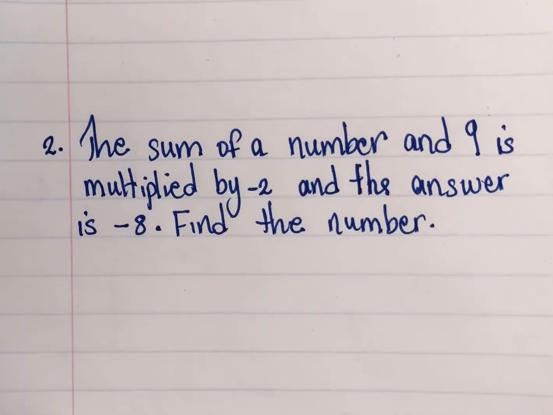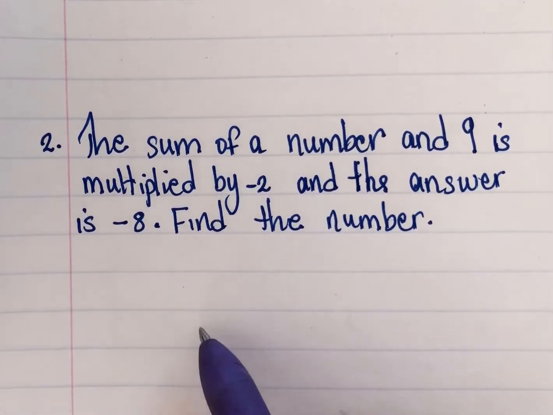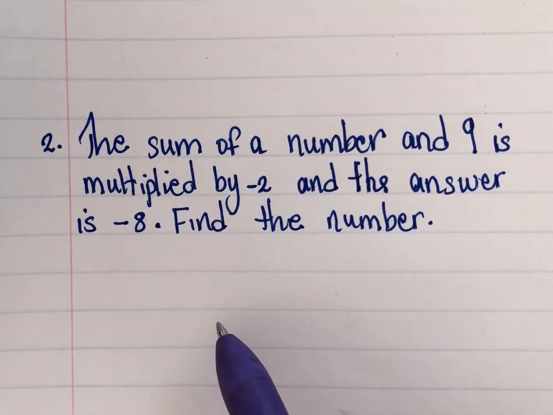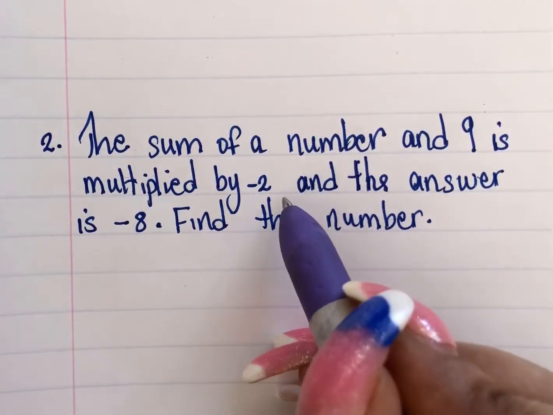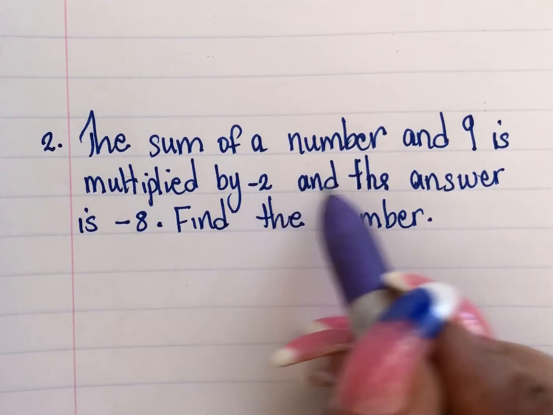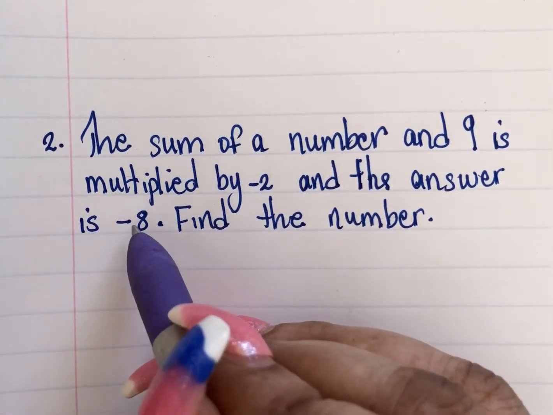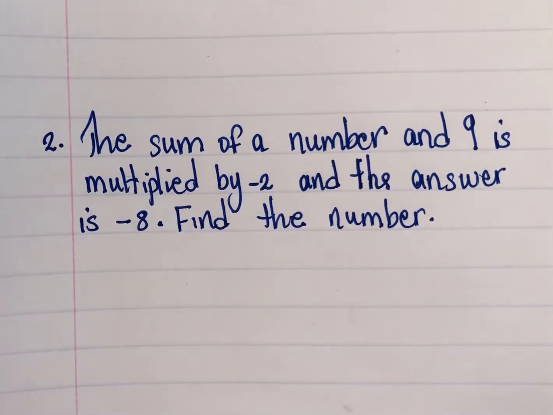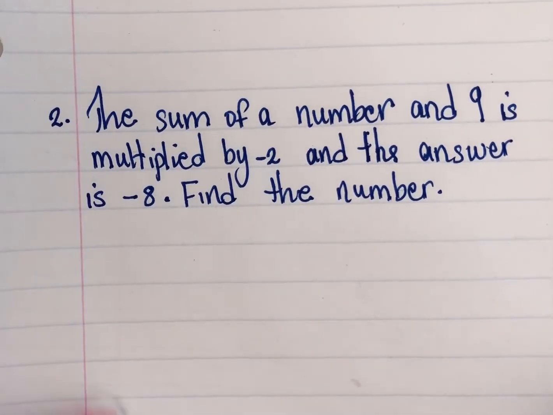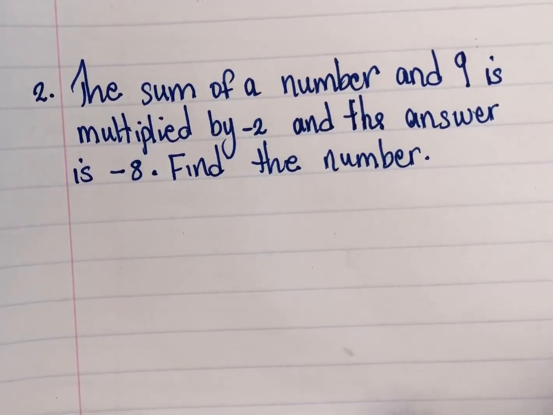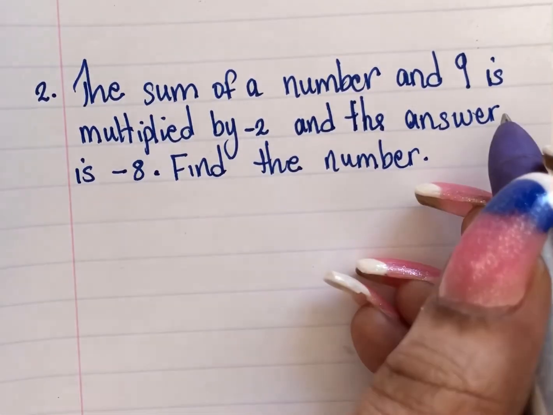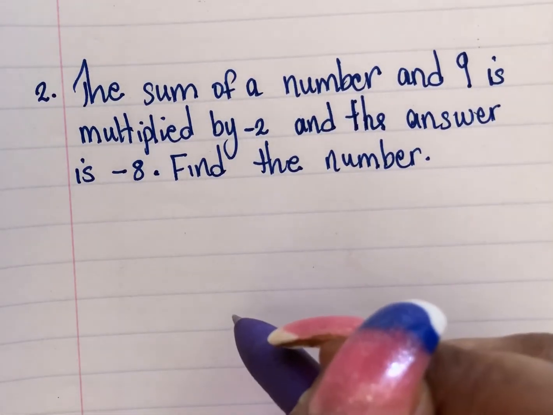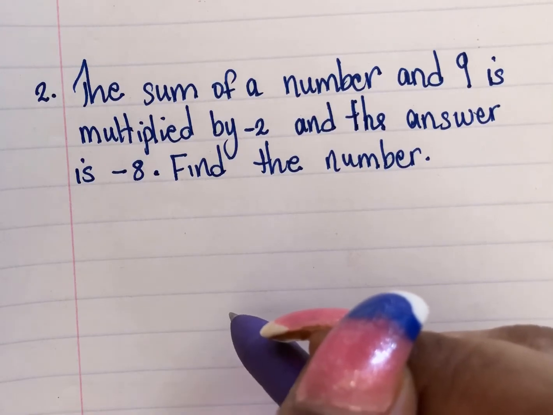Let us look at our number 2. The sum of a number and 9 is multiplied by -2. And the answer is -8. Find the number. What is our first step? Yes, our first step is to form the equation.